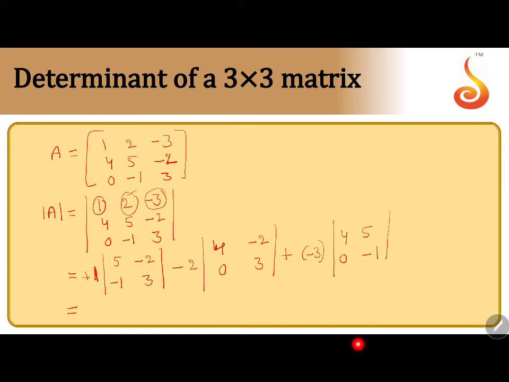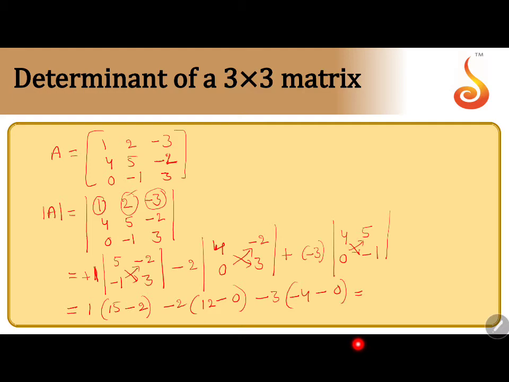Now we know how to expand this. 5 into 3, 15. In formula minus is there. Minus 1 into minus 2, plus 2. Minus 2 into 4 into 3, 12. Minus 0 into minus 2, 0. Plus into minus, minus 3. 4 into minus 1, minus 4. Minus 0 into 5, 0.